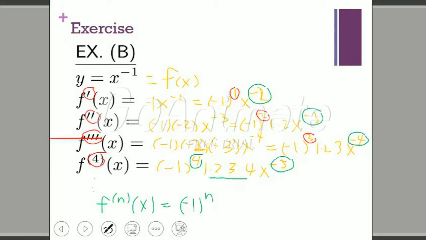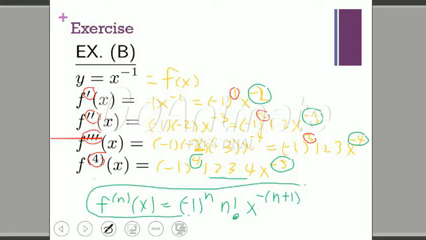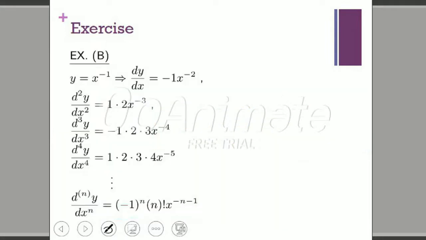And this product is in fact n factorial. And this is x to the power minus n plus 1. You add 1 to the order of the derivative. So that's the general formula for the nth derivative of x to the power minus 1. Again, my writing might be too messy, but this is a nicer representation.